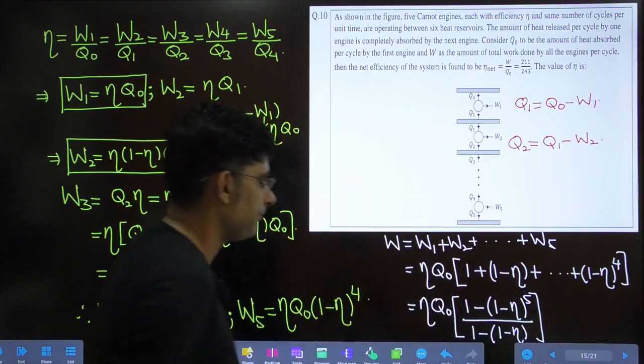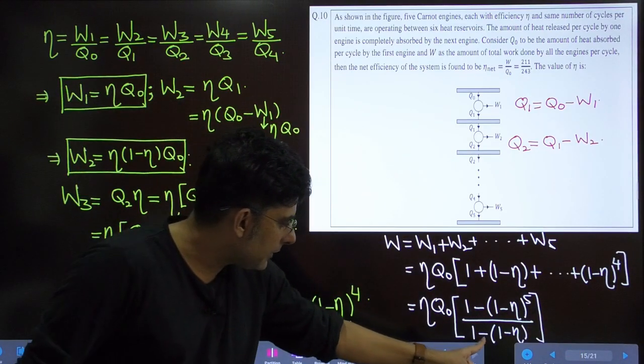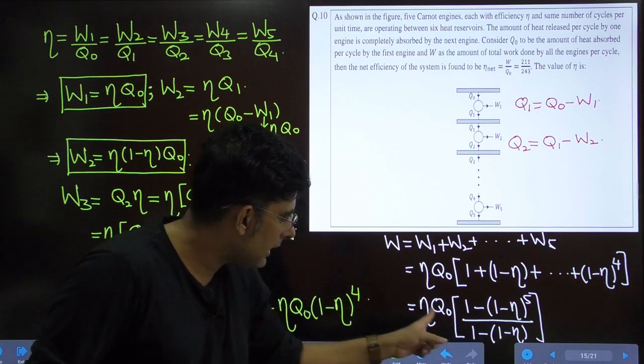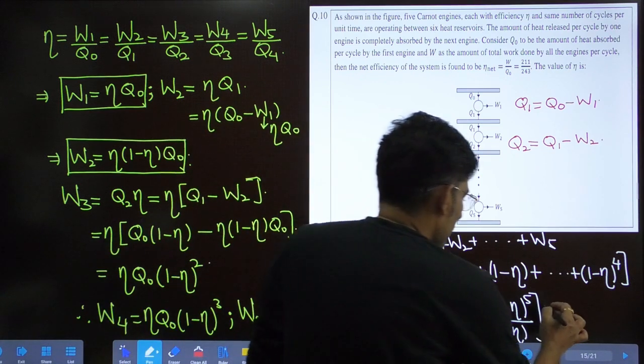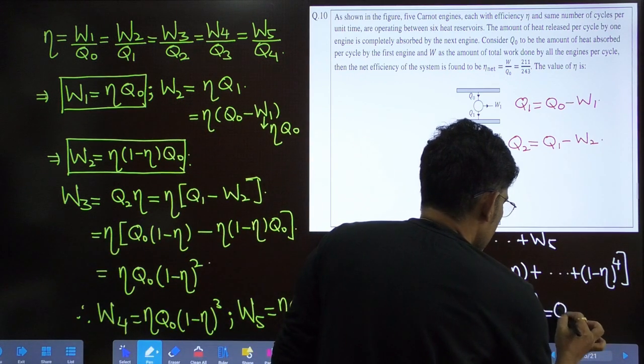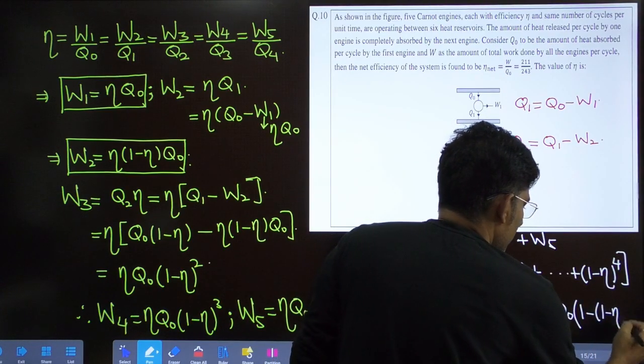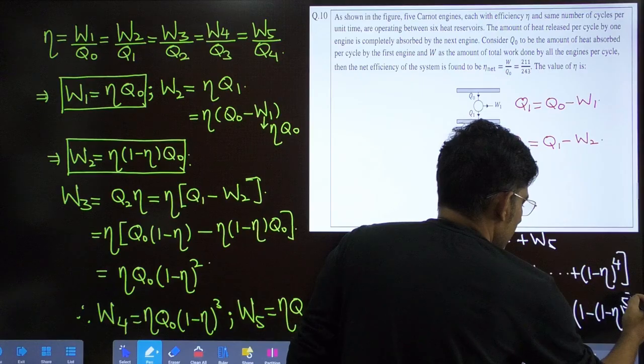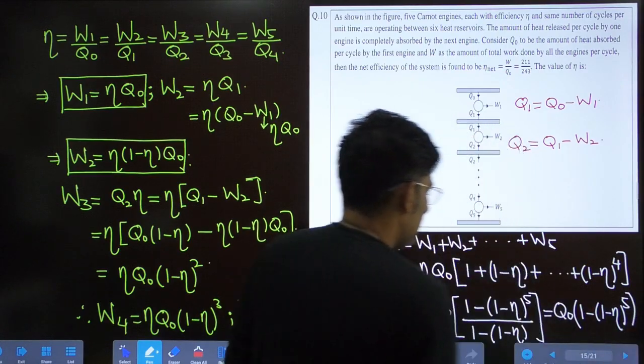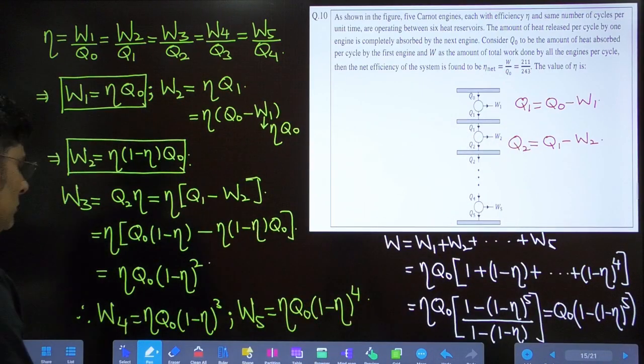Now the 1 cancels, and eta and eta also cancel. So we are getting Q naught into 1 minus eta power 5. This is the value of W.